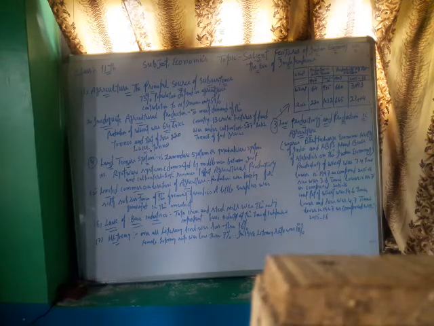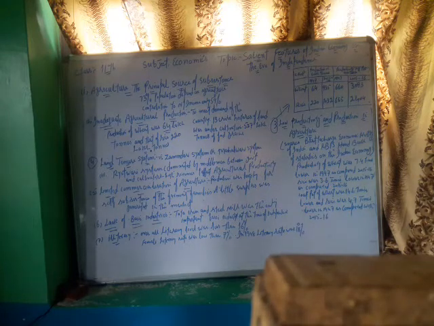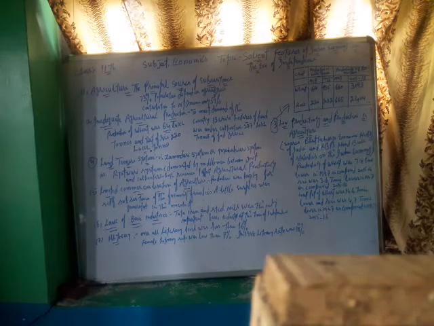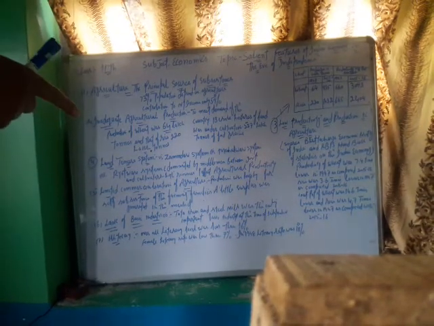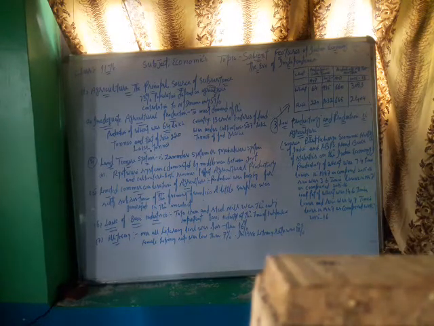Seventh point is illiteracy. In India, overall literacy level was less than 16% on the eve of independence. Female literacy rate was less than 7%.